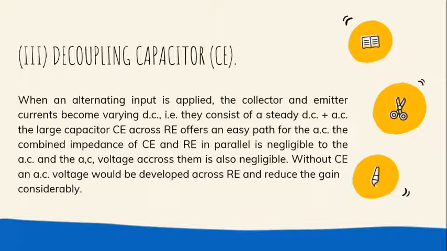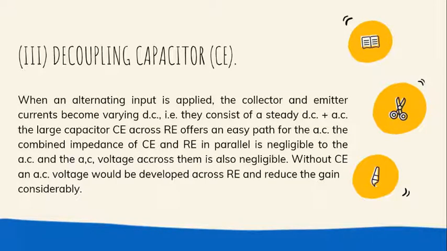Number two, decoupling capacitor or CE. When an alternating input is applied, the collector and emitter currents become varying DC and AC. They consist of DC plus AC. The large capacitor CE across RE offers an easy path for the AC.